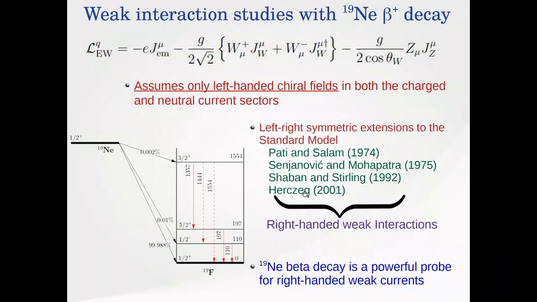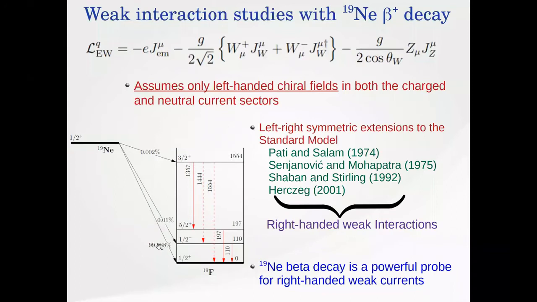In this context, the decay of neon-19 is a very powerful probe to look for right-handed weak currents. I'm just quickly showing you the beta decay of neon-19 before I get into the details of our experiment. Neon-19 is an isospin-1/2, 1/2 plus nucleus that decays via a mixed super-allowed transition to the ground state in fluorine-19, the mirror nucleus of neon-19.